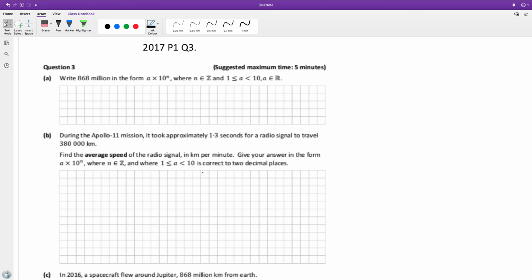So, 868, how many zeros in a million? 1, 2, 3, 4, 5, 6. Let me count how many spaces we move. So our decimal point is here, isn't it? Move it forward. 1, 2, 3, 4, 5, 6, 7, 8. 8.68 multiplied by 10 to the power of 8.